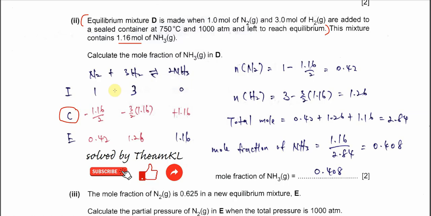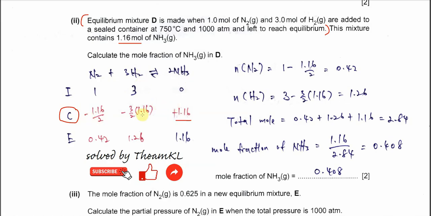Decrease by how much? It depends on the mole ratio. Because the mole ratio between nitrogen and ammonia is 1 to 2, when ammonia is plus 1.16, nitrogen must minus 1.16 over 2.